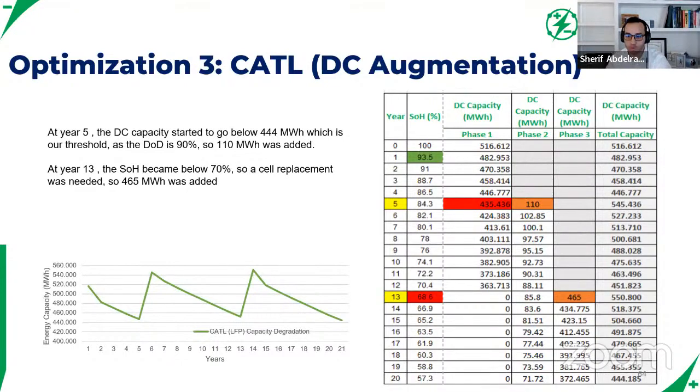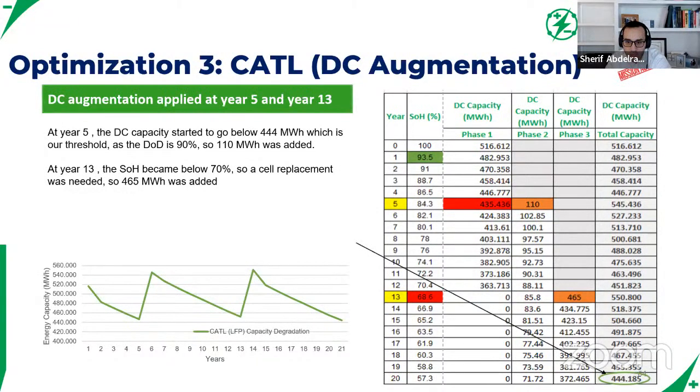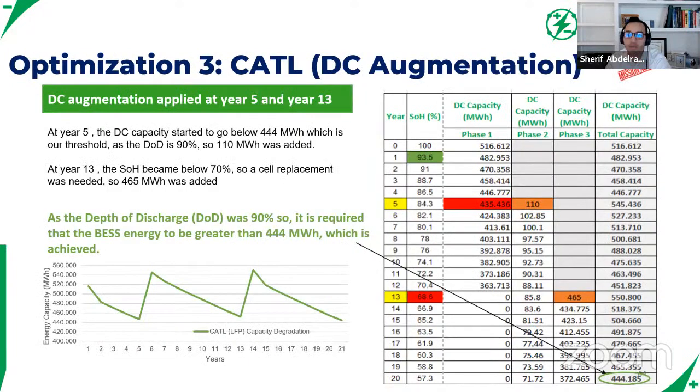So just some ground rules here that we're going to set. You know what? I think I didn't grab the right slide. But anyway, here our rule is that we're going to allow our batteries to degrade down to 65% for all phases. We need to have at least 444 megawatt hours at the battery terminals.